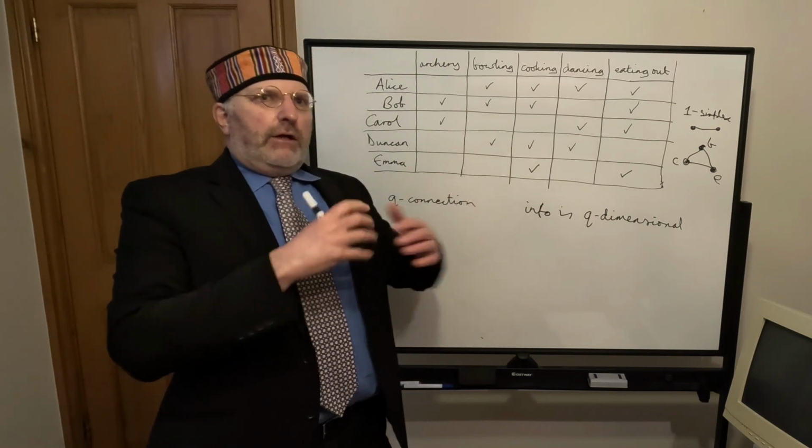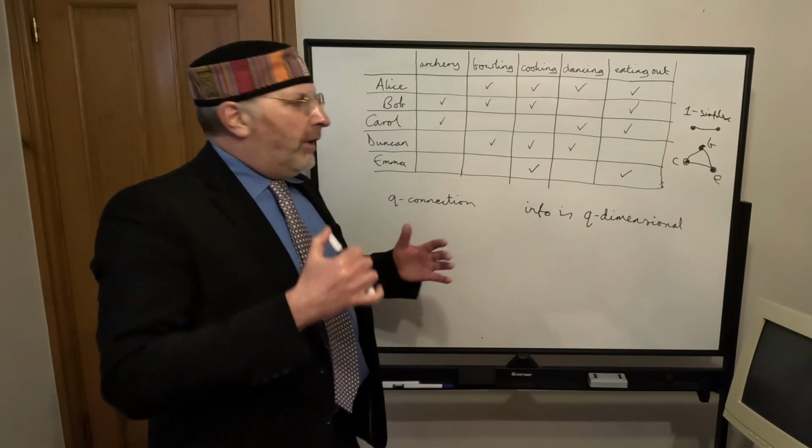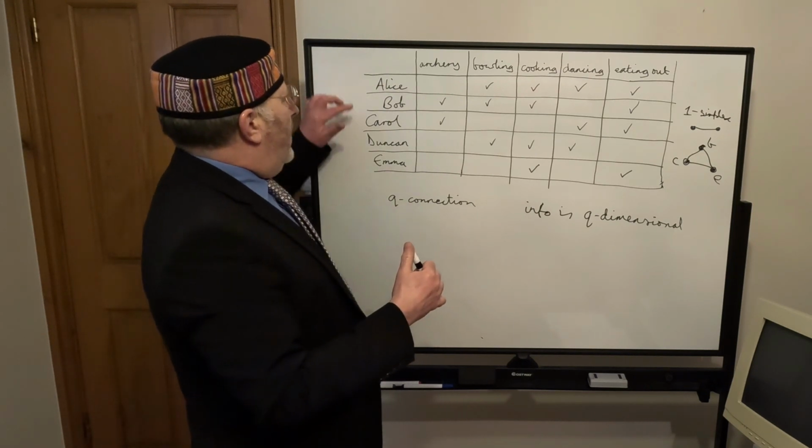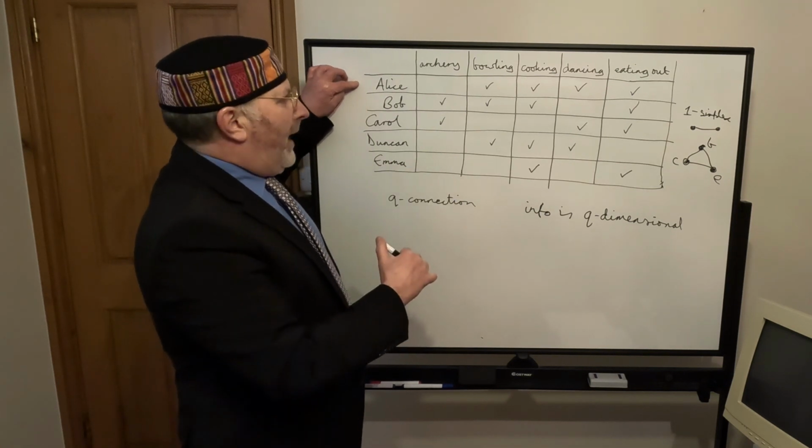So directly they can only share 0-dimensional information, but they can share 1-dimensional information via Alice because they are both 1-connected to Alice.